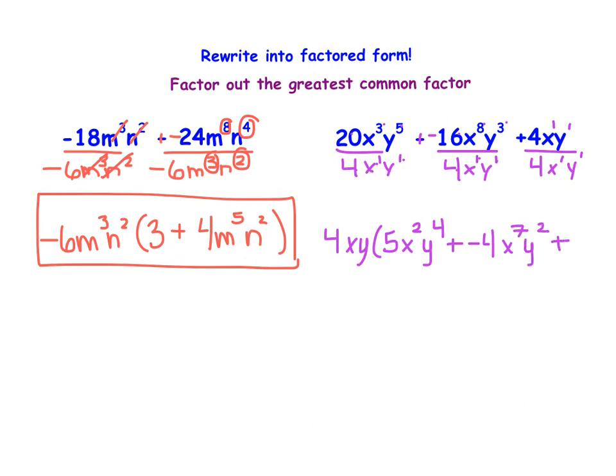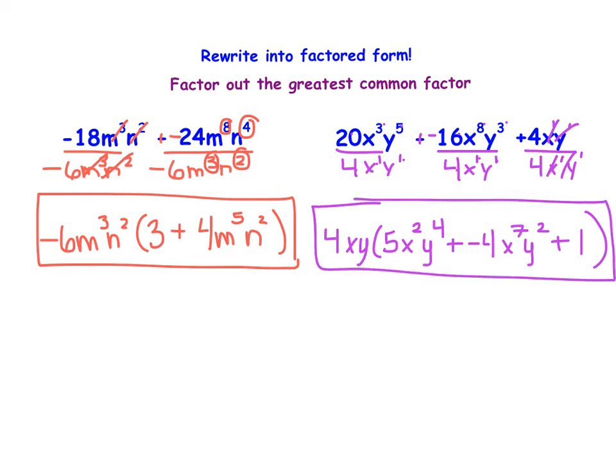And then have plus 4 over 4, which is 1. Then the x's cancel and the y's cancel for just 1 there. So there we have it. Notice that here, even though we factored out this term, and even though it just divides out to be 1, the 1 is still in that problem.